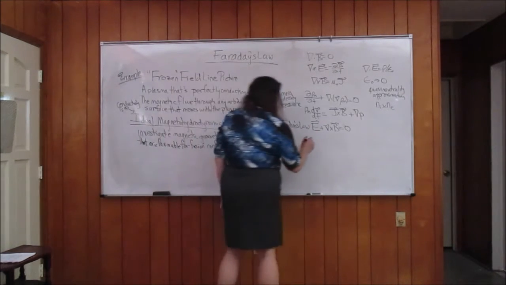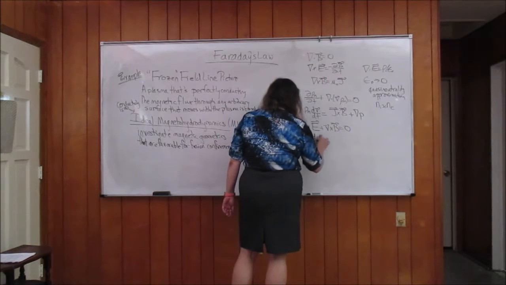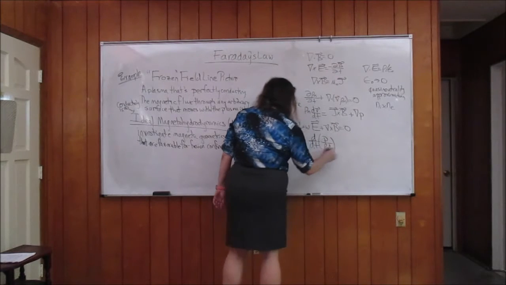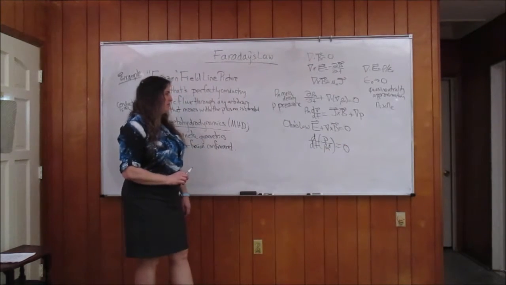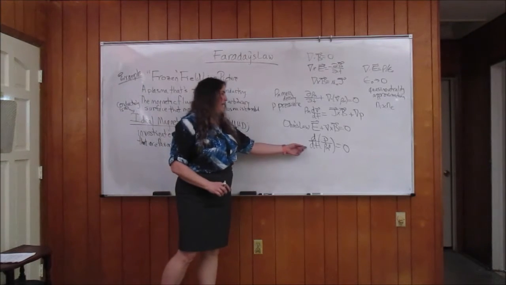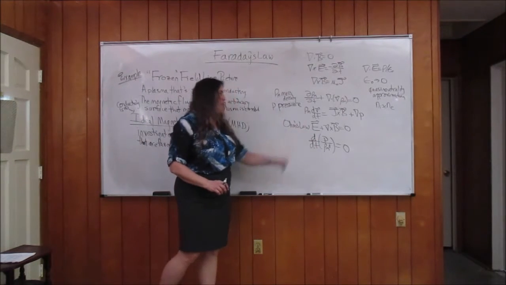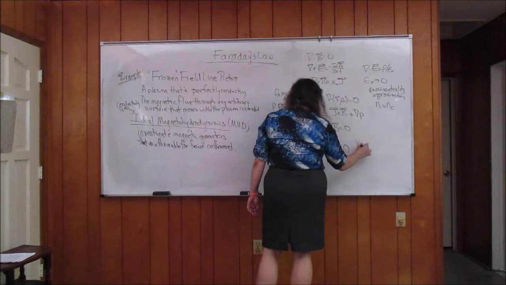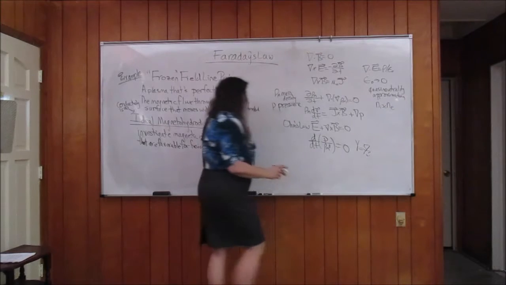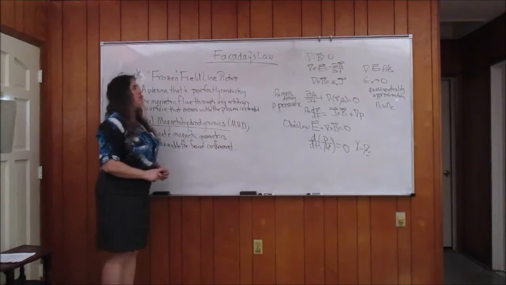And then last but not least, you also have an equation expressing that the evolution is going to be adiabatic. So this is time derivative of pressure over mass density to the 5/3 power.